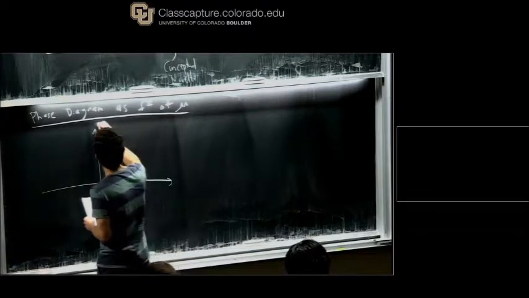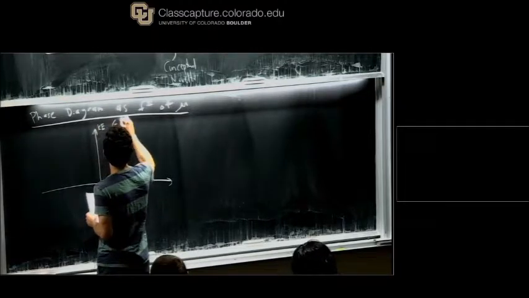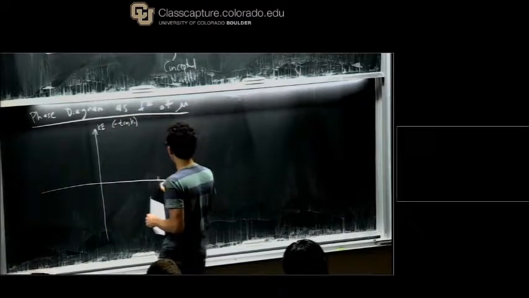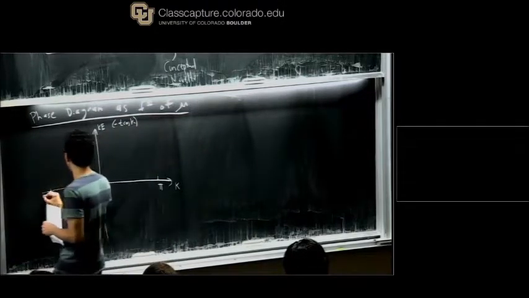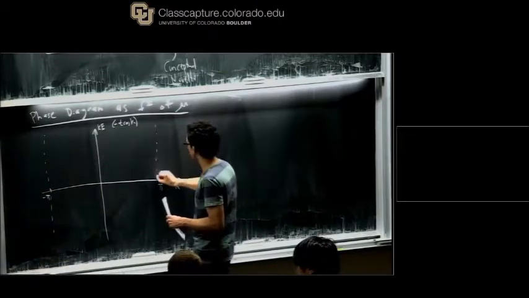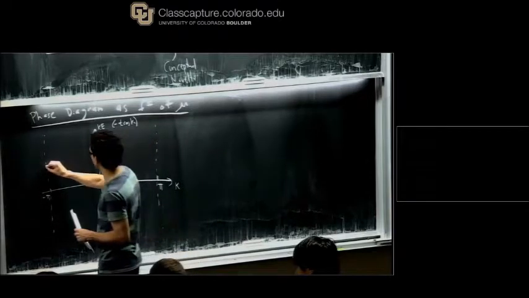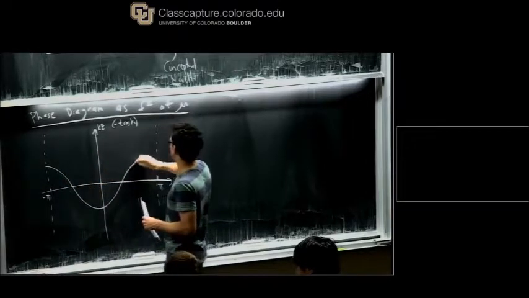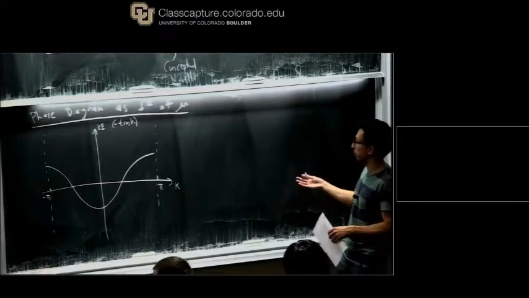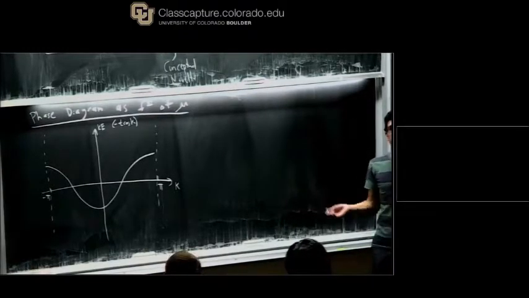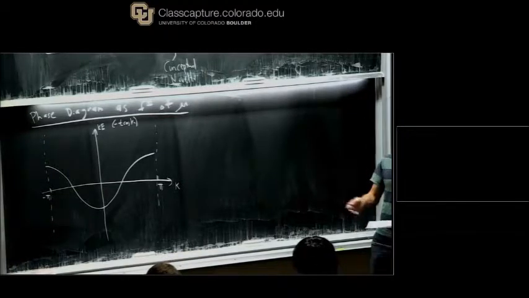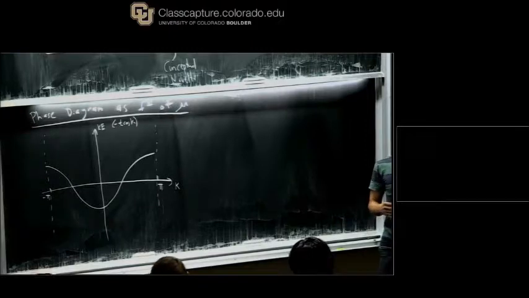Okay, so let me draw the kinetic energy, which is just minus t cosine k, as a function of momentum within the 1D Brillouin zone. That's just a cosine. Okay, so now I want to just consider a few different values of chemical potential, and I want us to agree on whether the spectrum of the system away from the ground state is gapped or gapless at different values of the chemical potential.